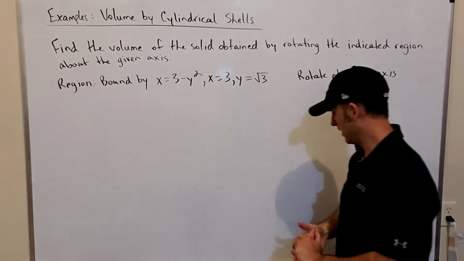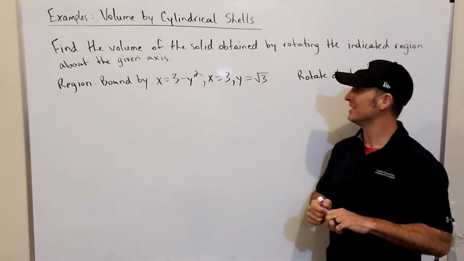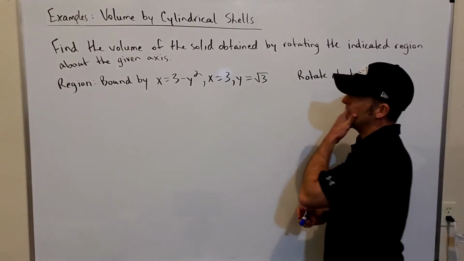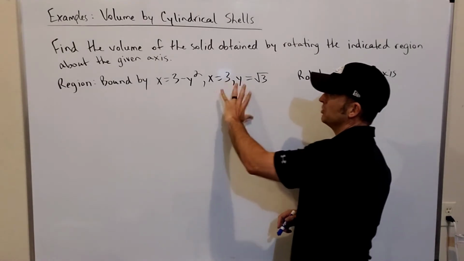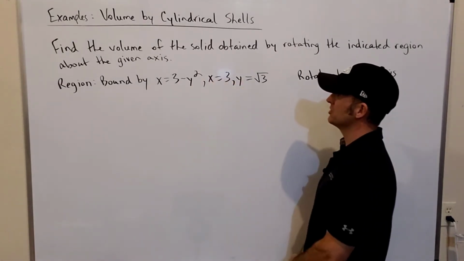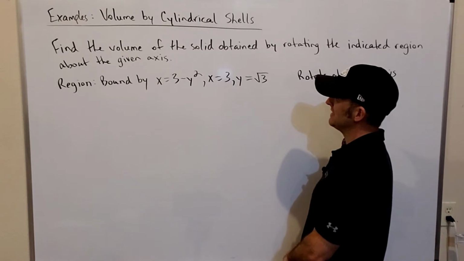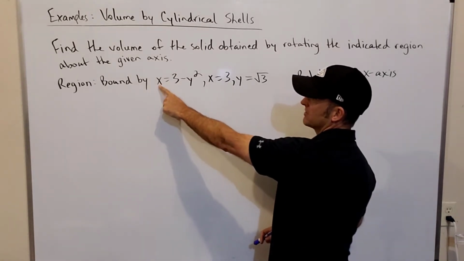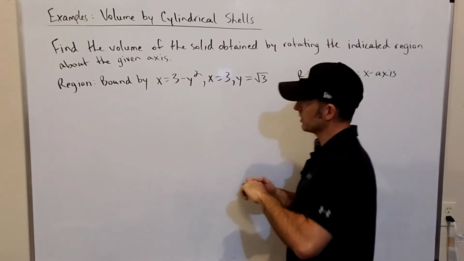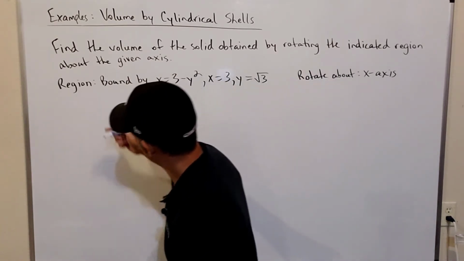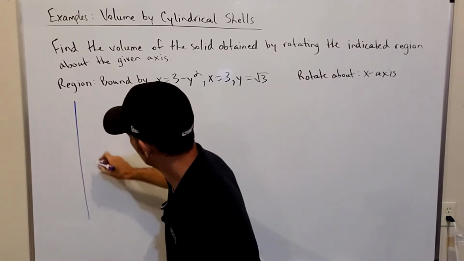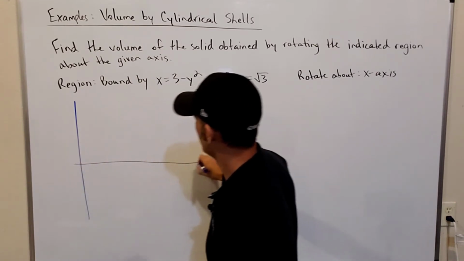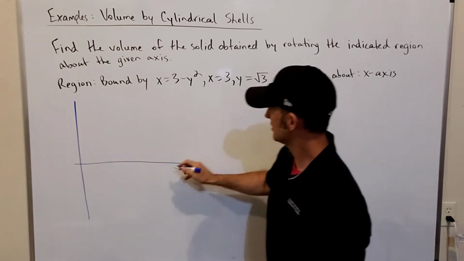So the first thing we need to do is get an idea of the graph. We can find some intersections here, but it's pretty easy to tell that if I plug in 3 for x, then y has to be 0. So I'm going to set this up, already knowing what the graph looks like.